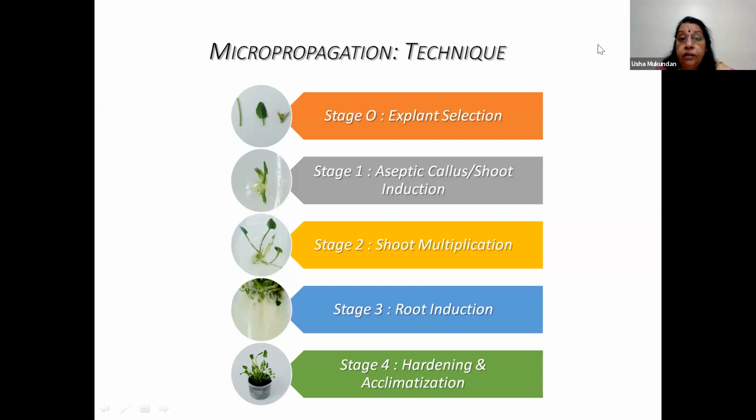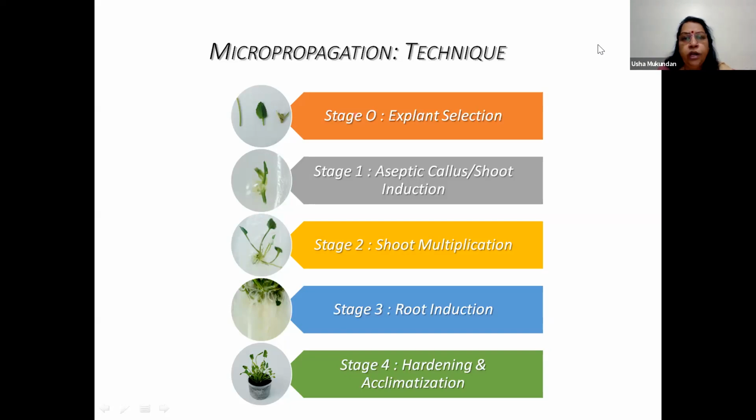See, you are removing the plant material from the mother plant or from germinating seeds, and you are subjecting it to a large amount of hardship: you are going to surface sterilize it, handle it, and place it alone on a culture medium. So definitely it's not going to like it.